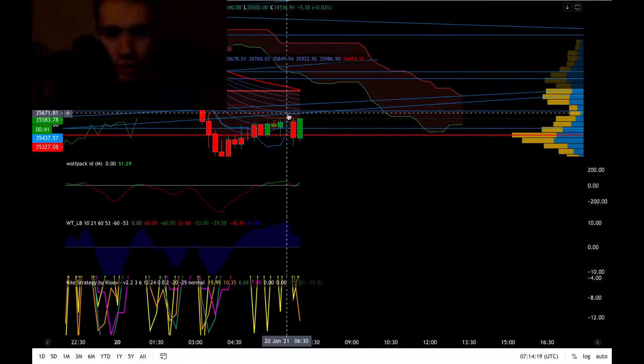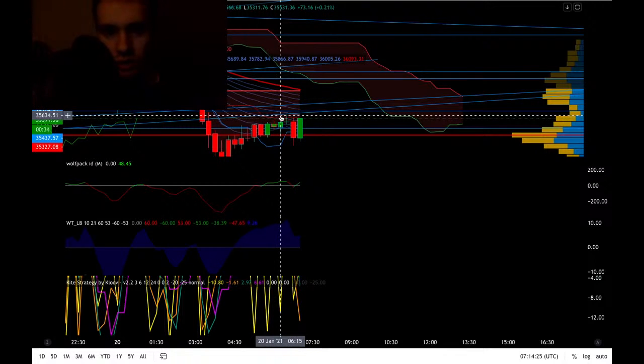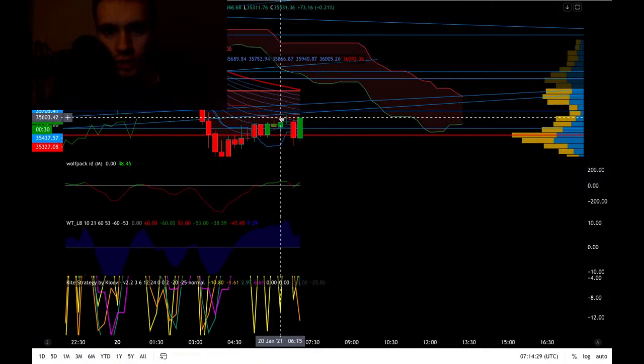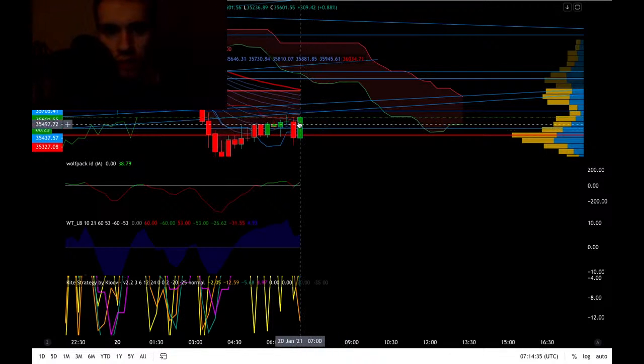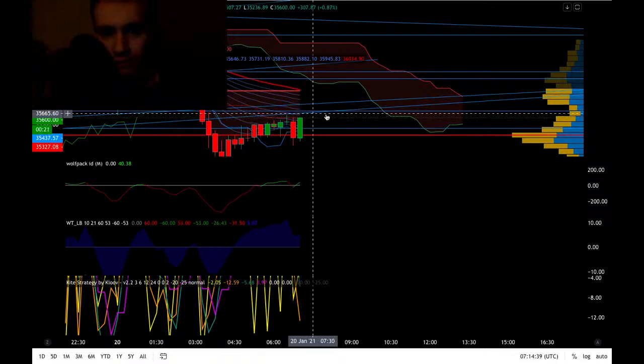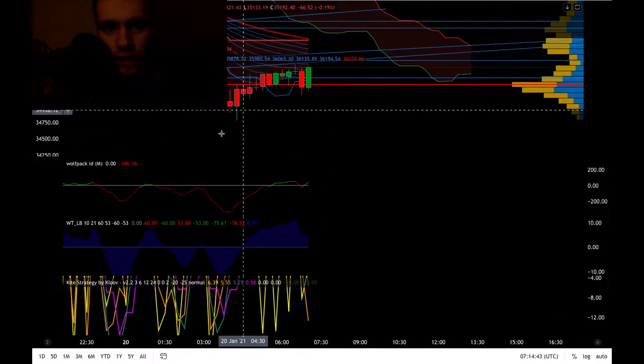Okay, so essentially what we're looking for is we want to break this high right here to set a higher high in the immediate short term. We have this doji Morningstar candlestick right here that we're looking to break above. And also we're looking for the confirmation on the 15 to negate the idea.